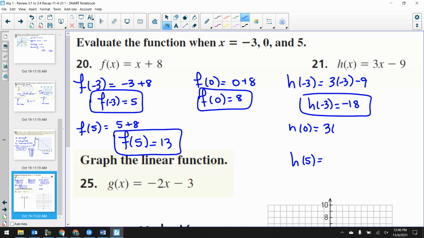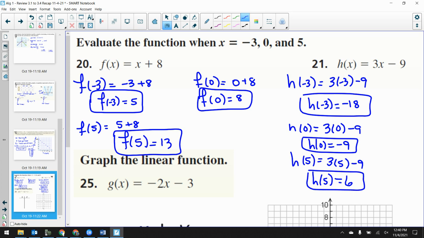This would be 3 times 0 minus 9, which gives negative 9. And then 3 times 5 minus 9, that would be 15 minus 9, or 6. All I'm doing there is just plugging in those numbers.